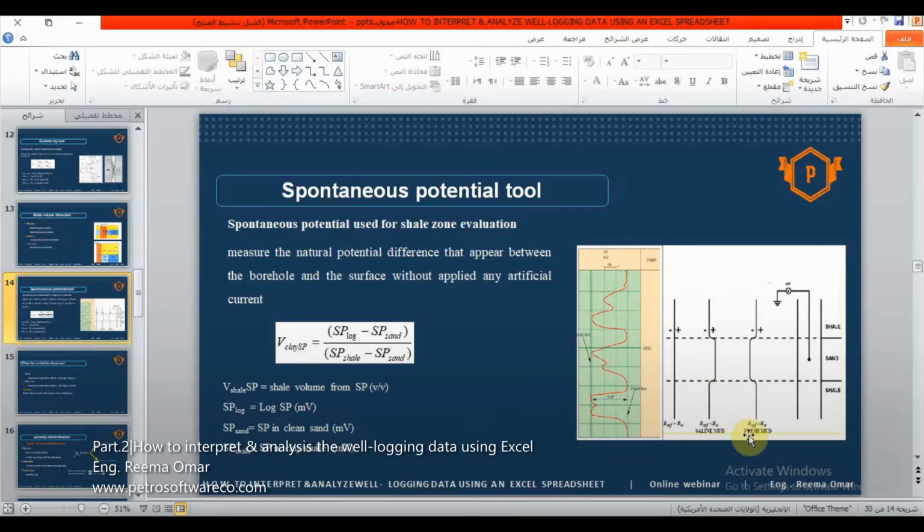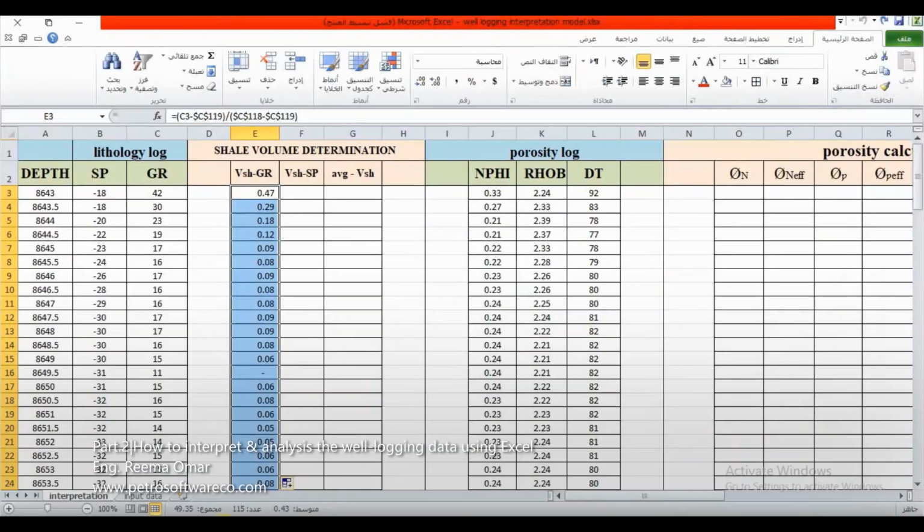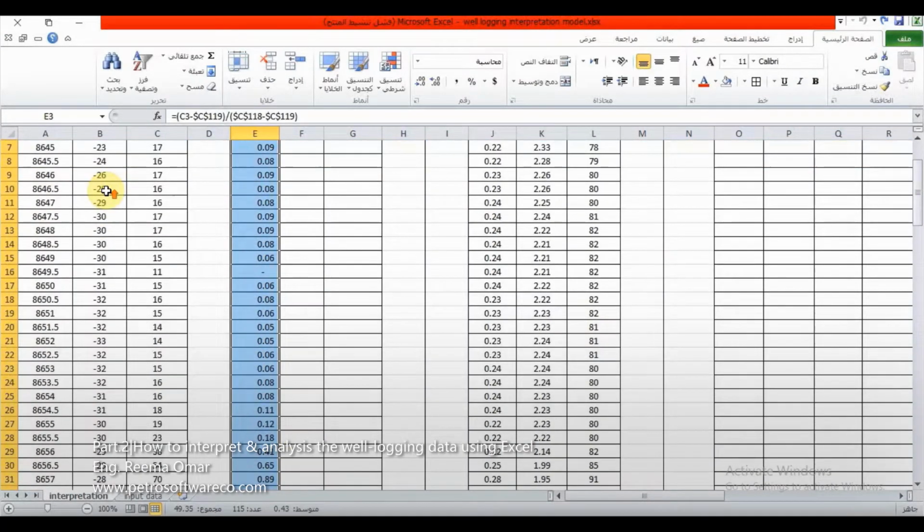And when the resistivity of mud filtrate is larger than formation water resistivity, the deflection of SP at sand zone will be negative as shown here. So we see in this data the SP showing the negative value.